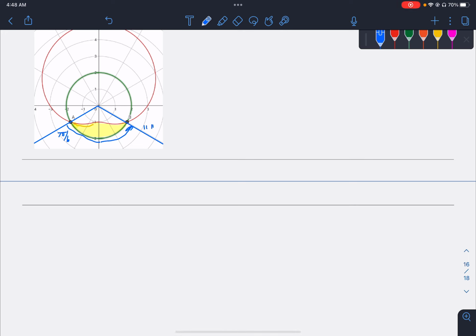It is the positive angle that we're going to find. So we'll start from the lower value of 7 pi all over 6 until the upper value of 11 pi all over 6.